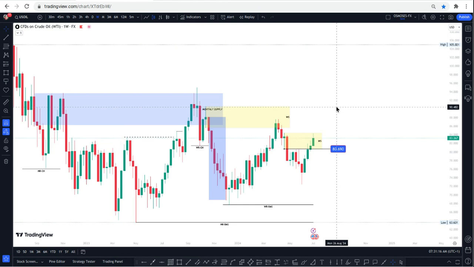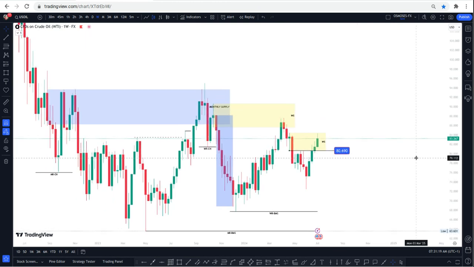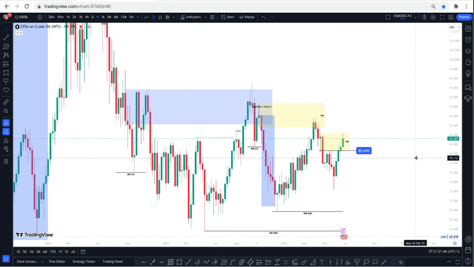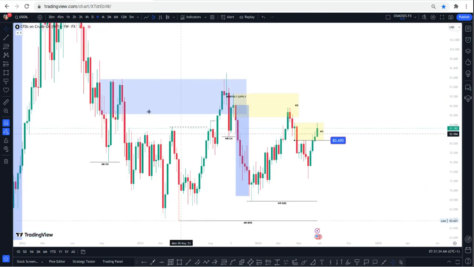So in here, as you can see, price has been downtrending.